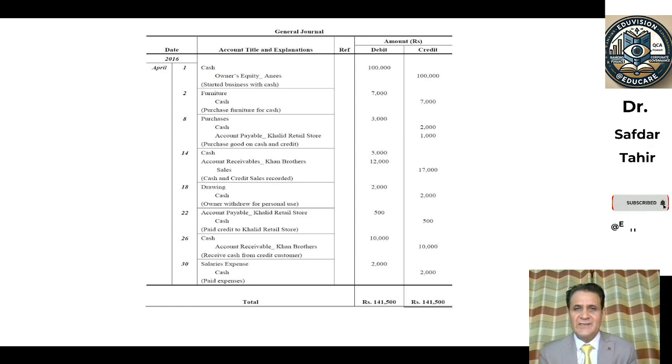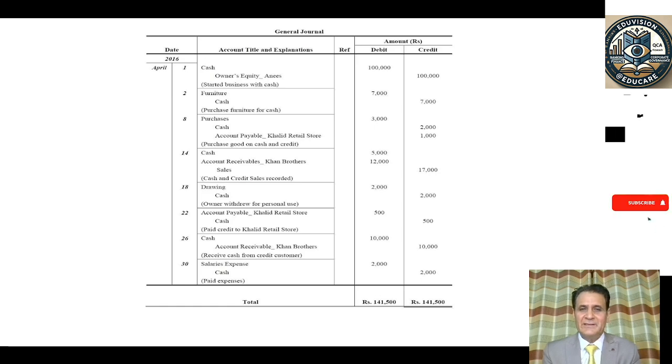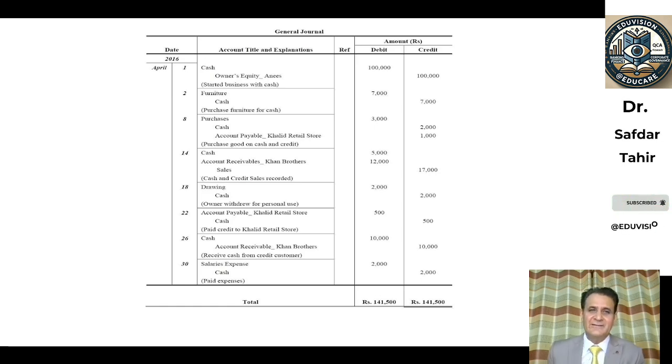The format of the journal you can see on the screen. This is how you can make your journal. Every transaction you can record in this register. Let's suppose 2016. You write the year here, then the month once, and then the transaction.